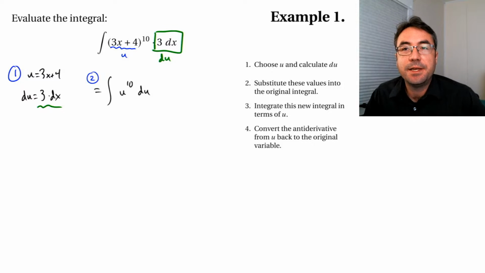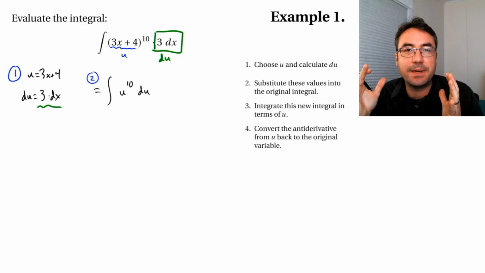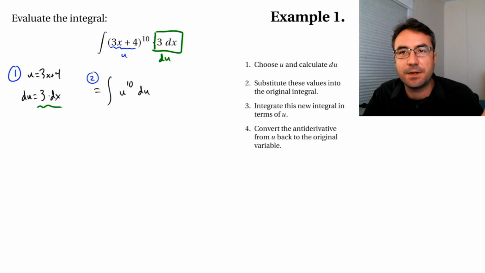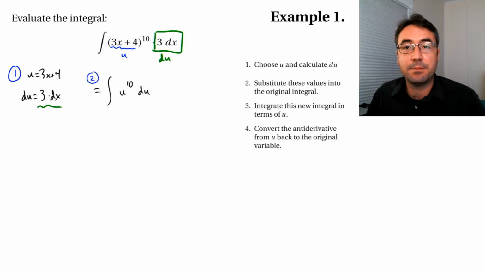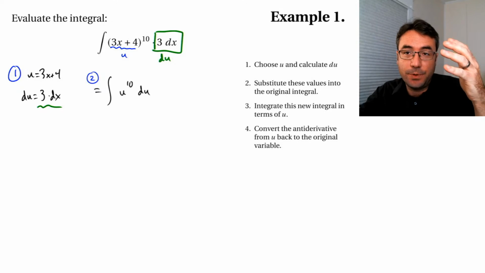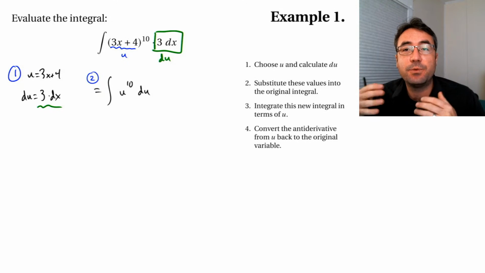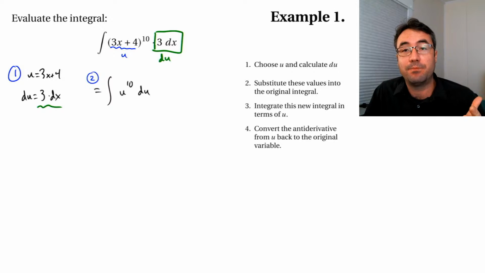What we've done is take a complicated integral that was not one of our elementary forms, not a basic power function or a sum, and by changing variables we've produced an integral that's pretty basic, something we can do with one of our basic antiderivative rules.